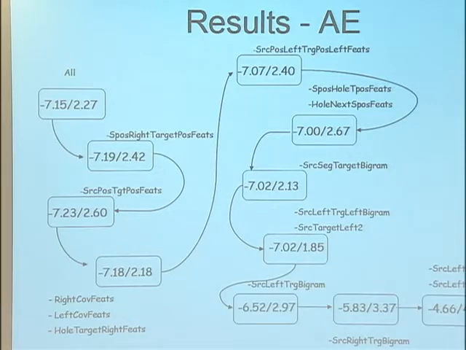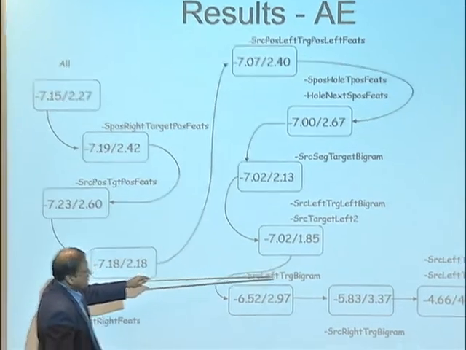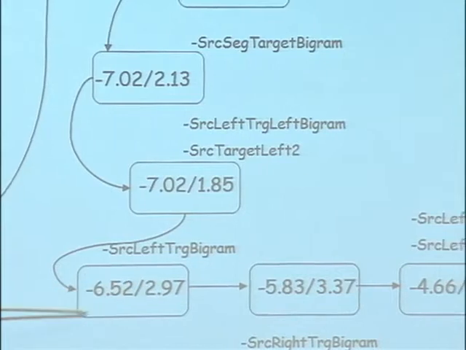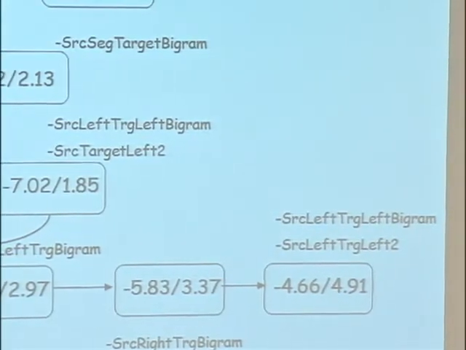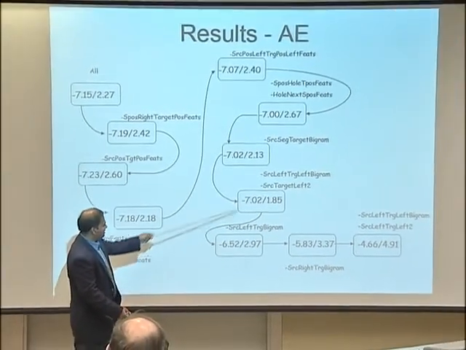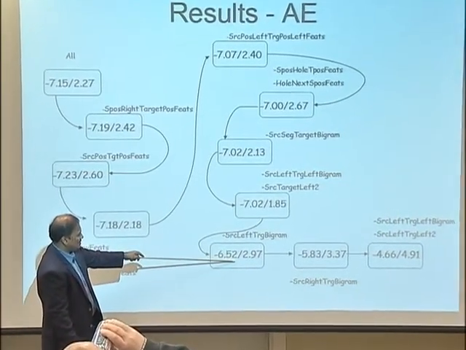Okay, but doing all of that, we haven't really impacted performance. So where is the real performance improvement from over phrase decoders? And you can see that here in the bottom. If we take away the source left target bigram, by this I mean what the previous source word was when we produced this target, then you lose half a point. And you lose almost 1 point on the tail.